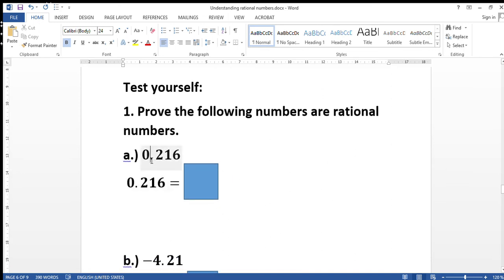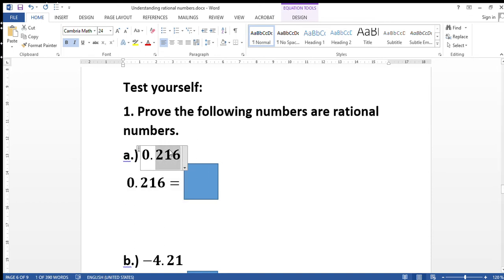All we need to do is take this decimal number as a whole number. So we move this decimal point to the right, then count how many places we have after it to the last number. We have 1, 2, 3, that will be 3.